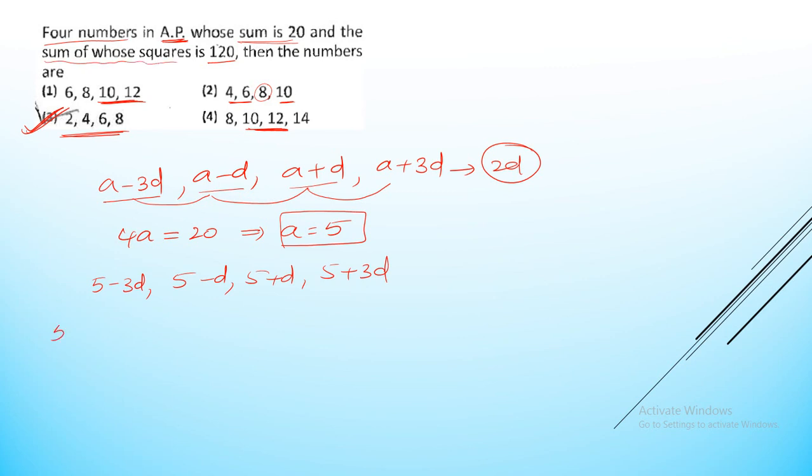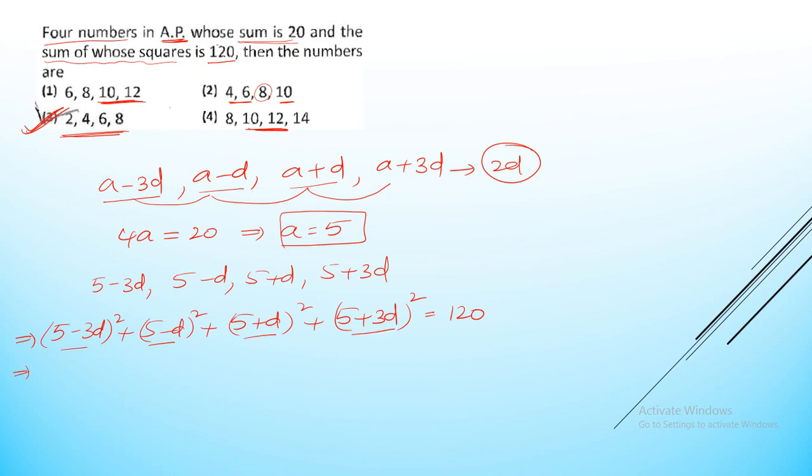That means the sum of squares, which is nothing but (5 minus 3d) whole square plus (5 minus d) whole square plus (5 plus d) whole square plus (5 plus 3d) whole square, will be equal to 120. Now clearly, if you observe, these two terms follow (a minus b) whole square, and these two terms follow (a plus b) whole square.